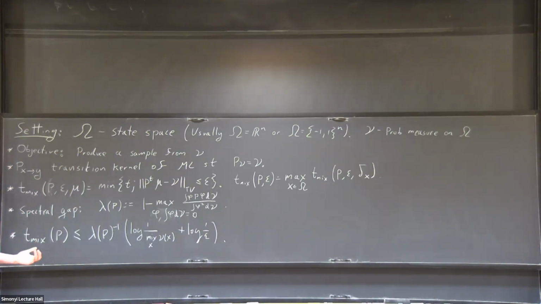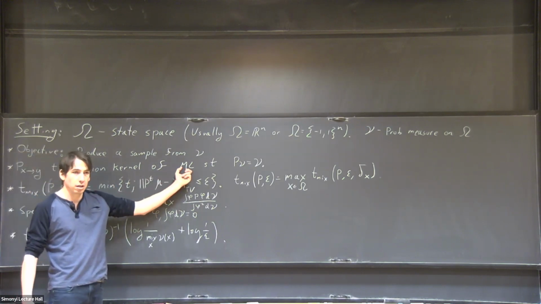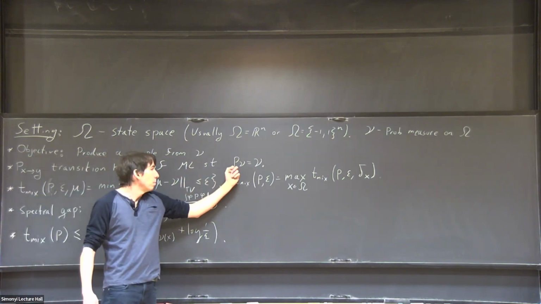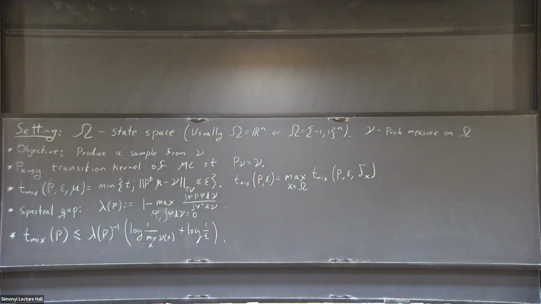And how do we do that? Well, here we do that using a Markov chain. So P is usually going to be a transition kernel of a Markov chain such that P of nu is nu itself, meaning nu is the stationary measure. We're also going to assume it's the unique stationary measure. Doesn't matter so much. This will follow from our proofs.